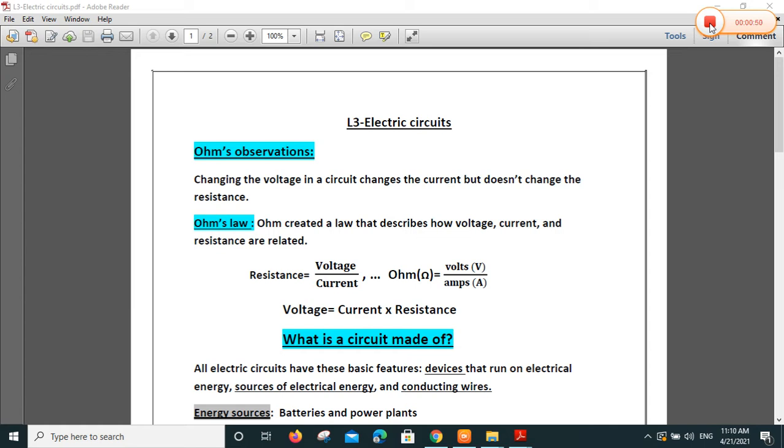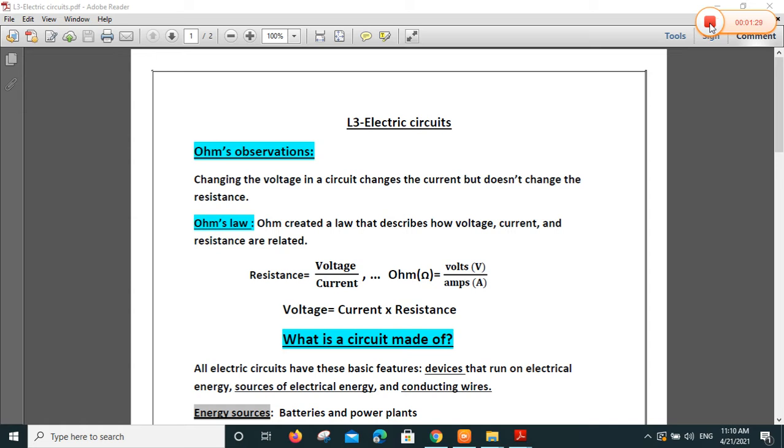Firstly, Ohm. Ohm is a scientist. Ohm, in the second lesson, the electric current lesson, told us how the electric current can move in a circuit, and also how the resistance can resist the flowing of charges, and the voltage is the difference in electric potential between 2 points.